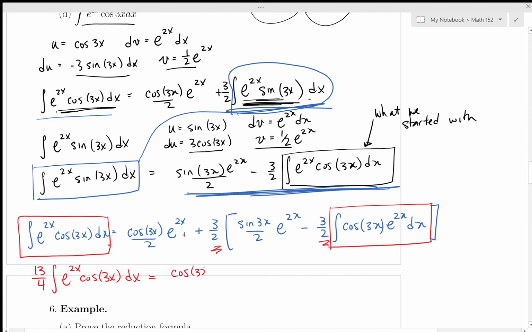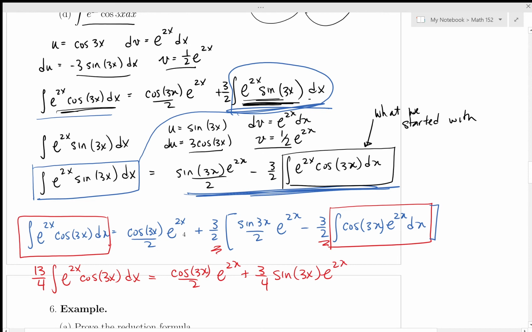Cosine 3x over 2 e to the 2x, and then I'm multiplying that 3/2 in, and I get 3/4 sine 3x e to the 2x.